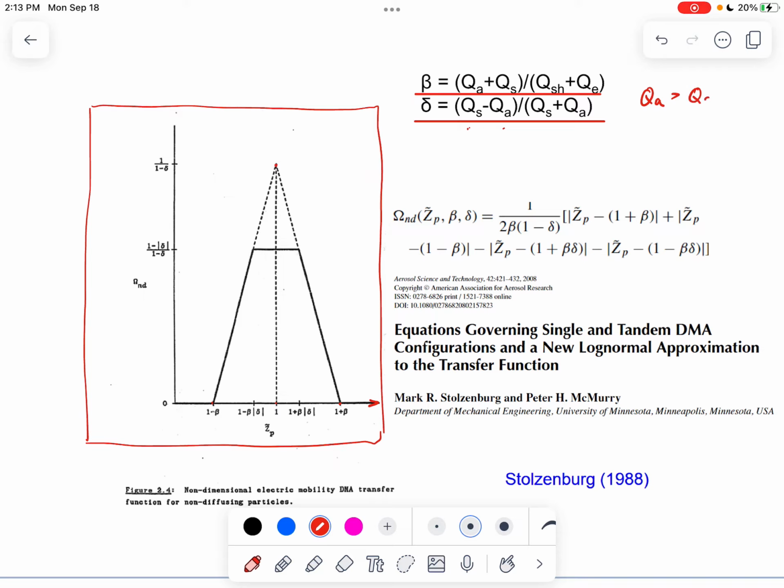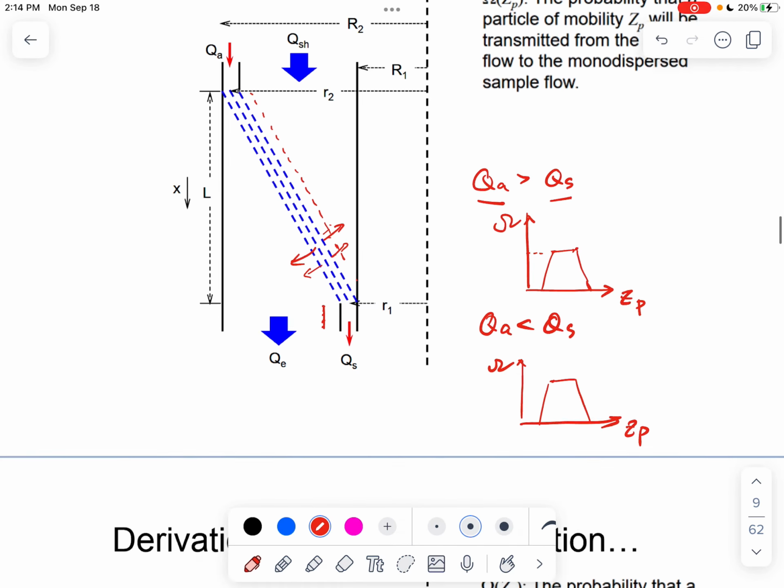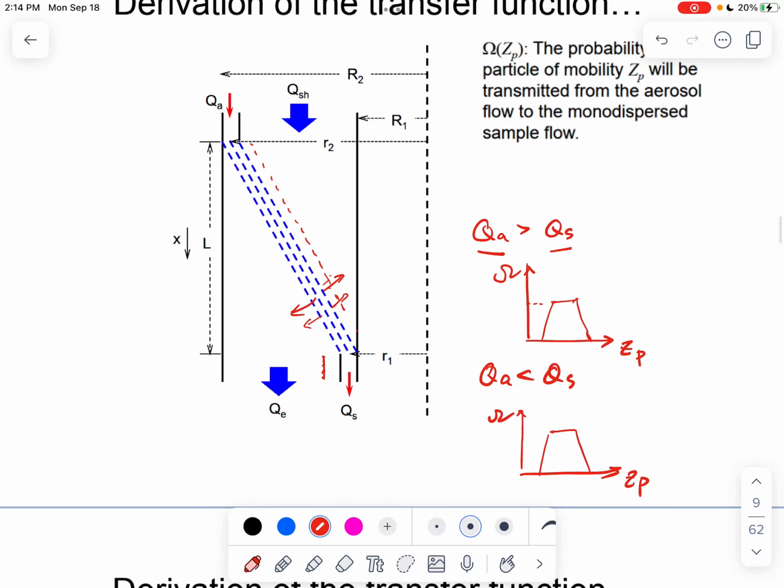So for example, when QA is larger than QS, we said that it's going to have the situation that looks like this. Right? You have more flow, but not all of them are going to reach 100%. And when QA is smaller than QS, you have 100%. Right?